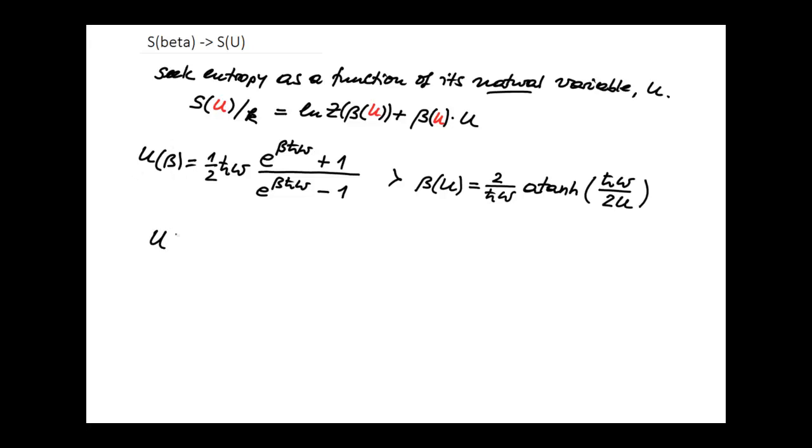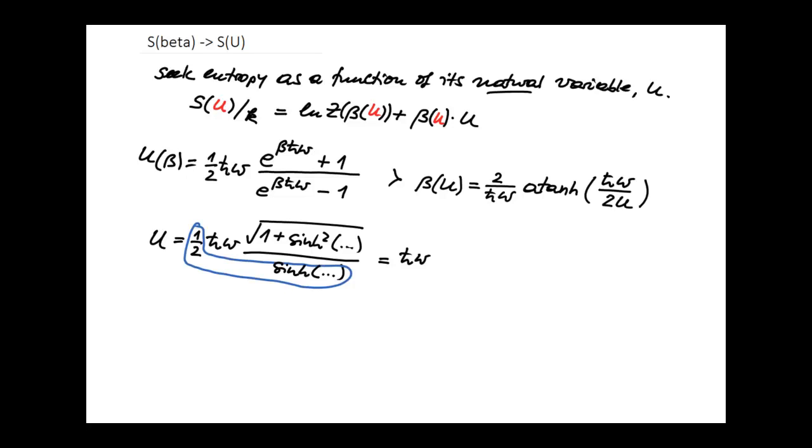Remember that the internal energy could also be written as 1/2 h bar omega times the ratio of the hyperbolic cosine over the hyperbolic sine. The hyperbolic cosine, in turn, can always be written as the square root of 1 plus hyperbolic sine squared of the argument. But now remember that 1 over 2 times the hyperbolic sine was the partition function.